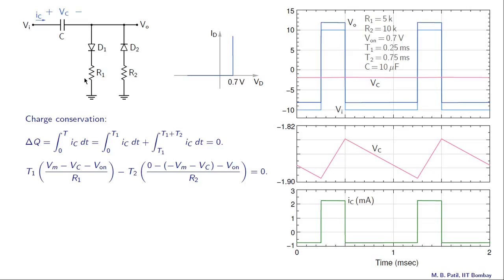That is our IC. That is because the charging path is like that, and that is nearly a constant, because Vc is nearly a constant. Now, so therefore the integral is simply that constant multiplied by T1. So that is what this term says.